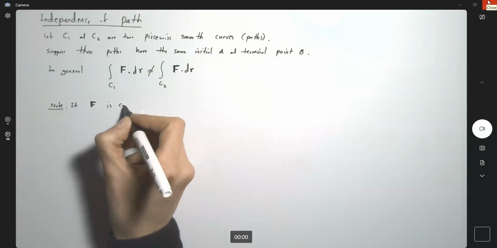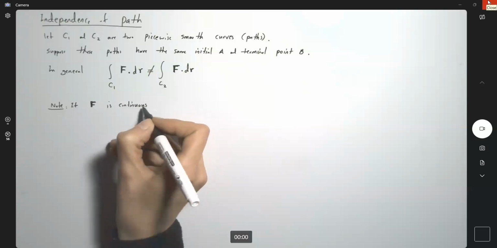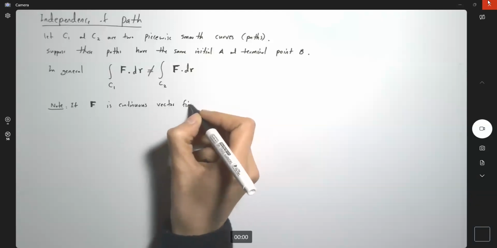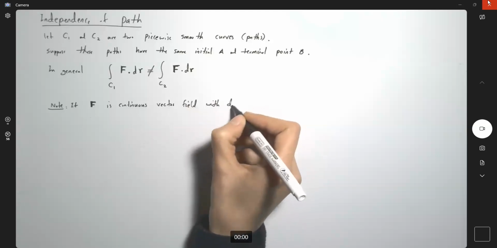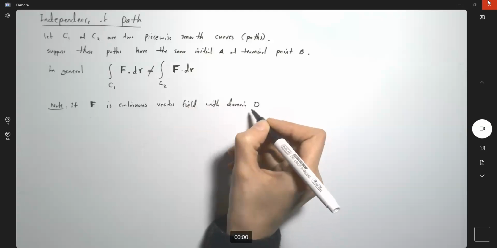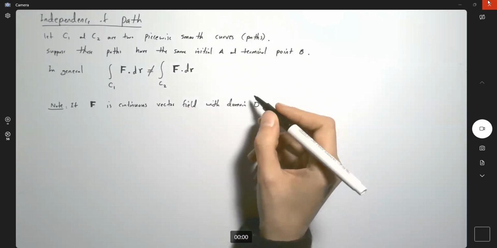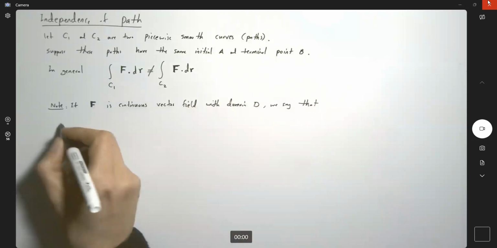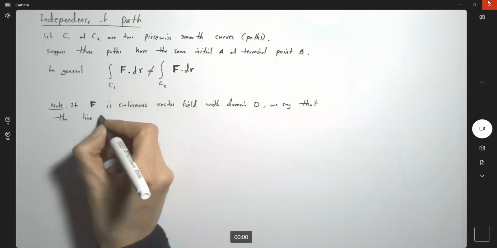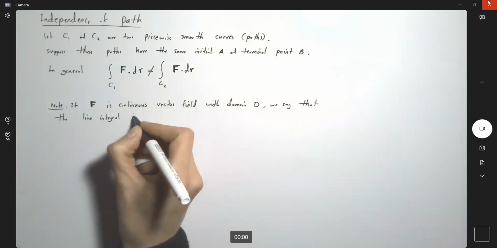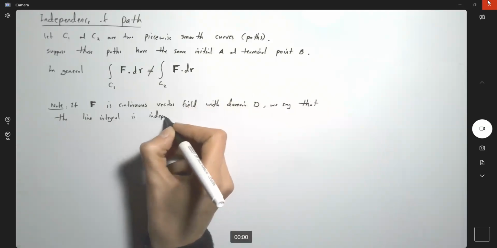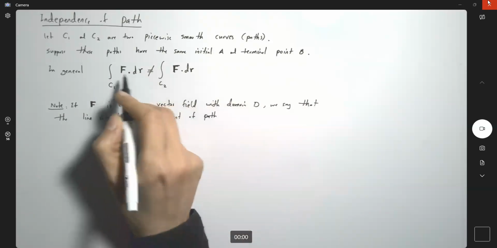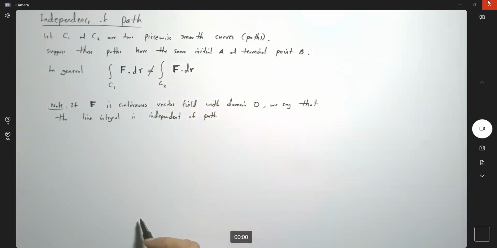F is a continuous vector field with domain D, we say that the line integral is independent of path if you have equality between these two integrals.